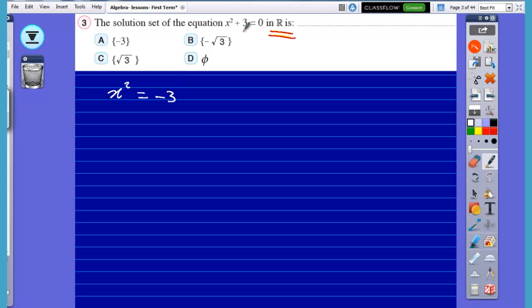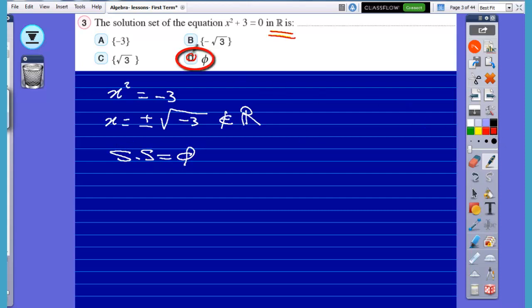Since x squared plus 3 equals 0, so x squared equals negative 3, and x equals positive or negative square root of negative 3, and this number doesn't belong to the set of real numbers. So the solution set equals empty set, and the answer will be letter D.